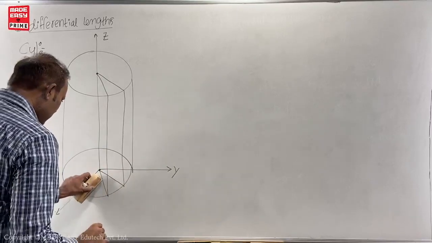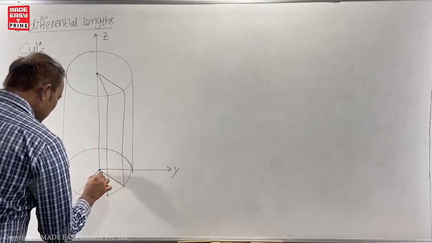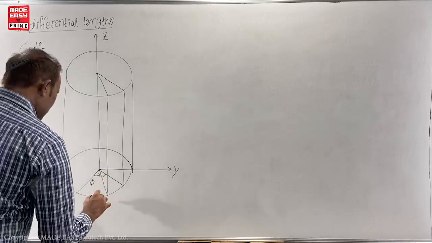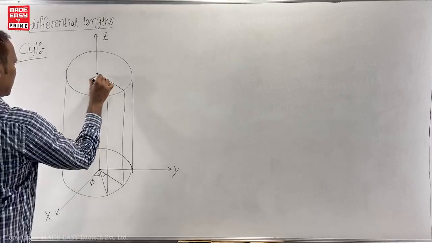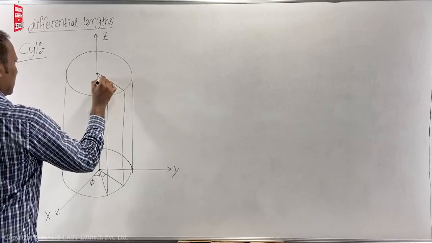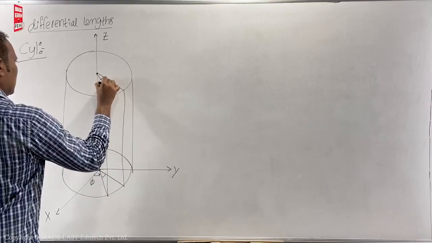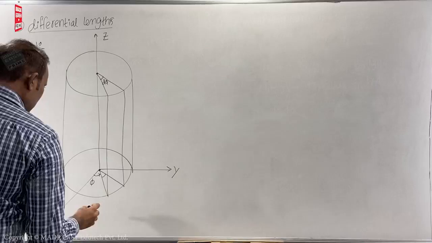Now let us take this angle as phi, so automatically this angle is d phi. I will write here d phi angle. This angle is nothing but d phi here.